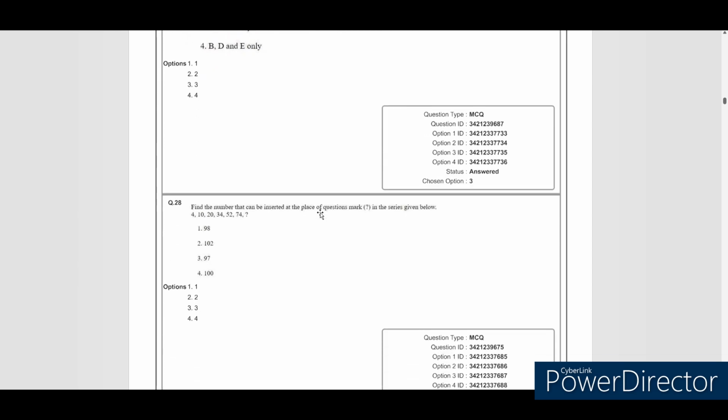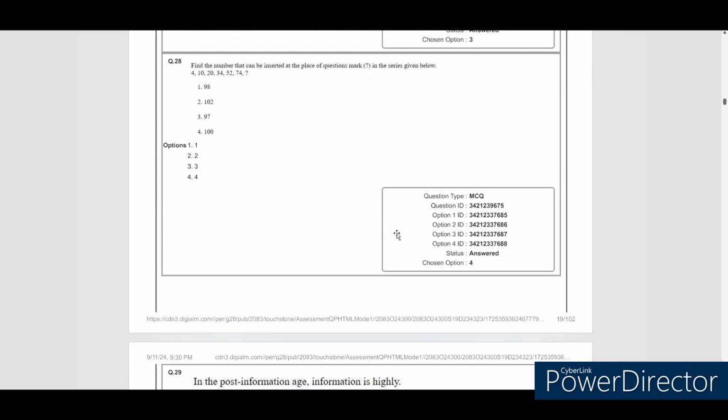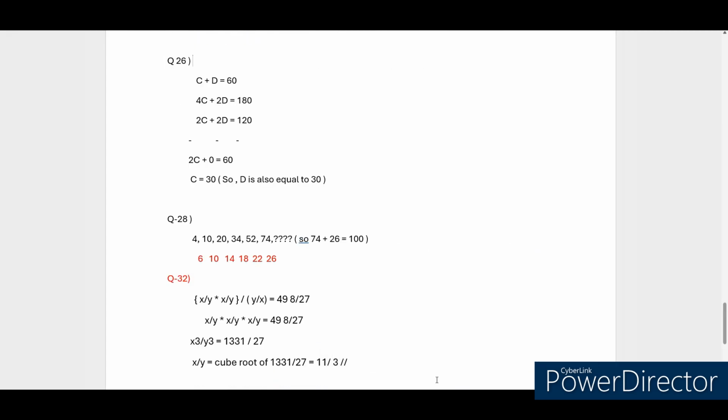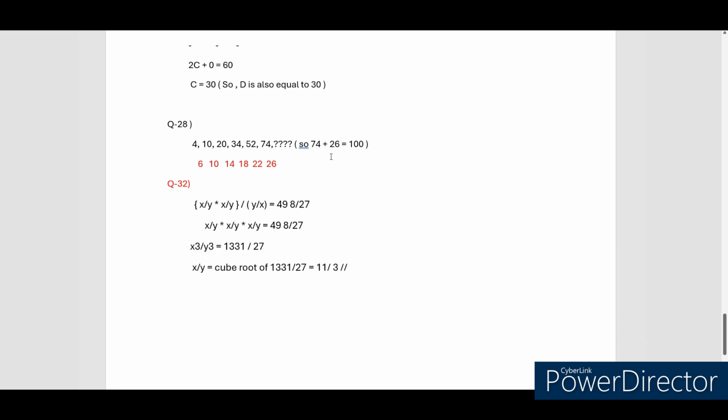Now coming to question number 28, which is also a numerical question. Basically, it's a number series question. I will quickly show you the solution. So the question is given as 4, 10, 20, 34, 52, 74, and what will be the next number. So first we need to look at the difference between these numbers. So the differences are 6, 10, 14, 18, 22 and 26.